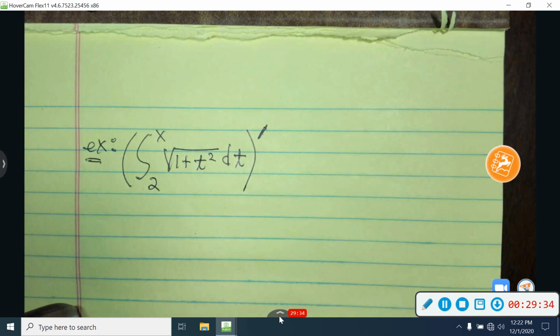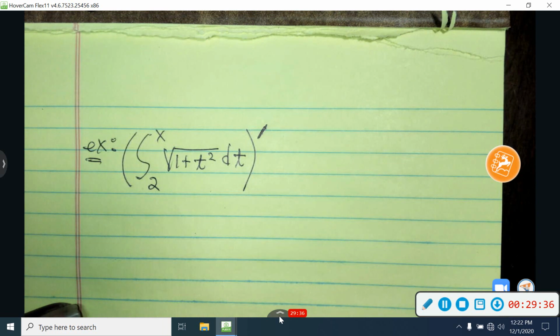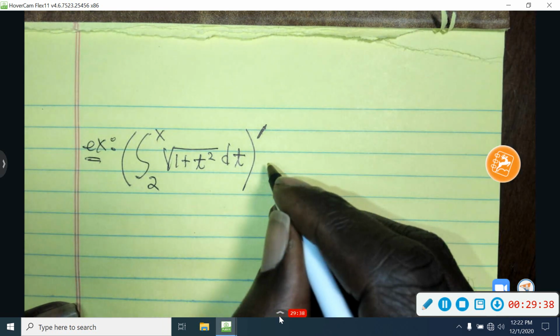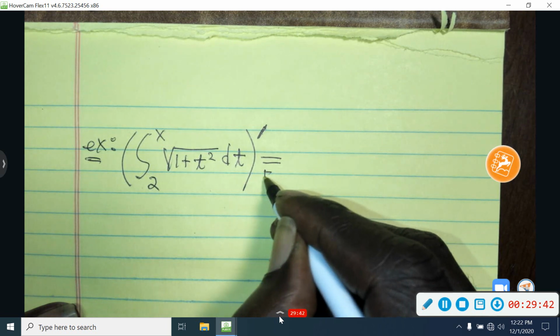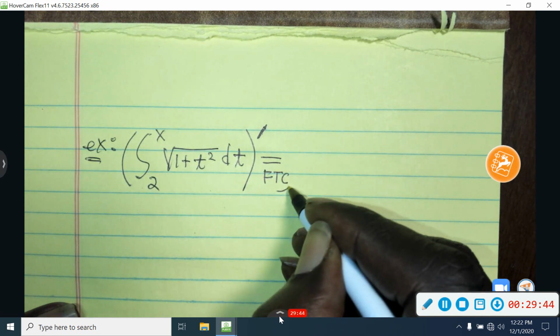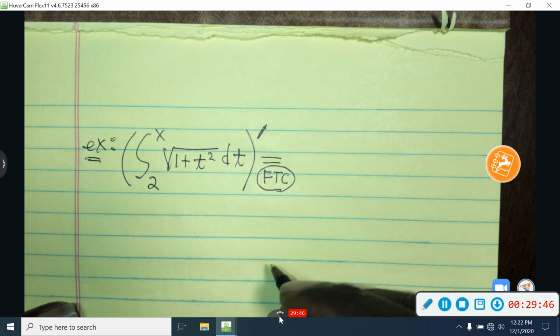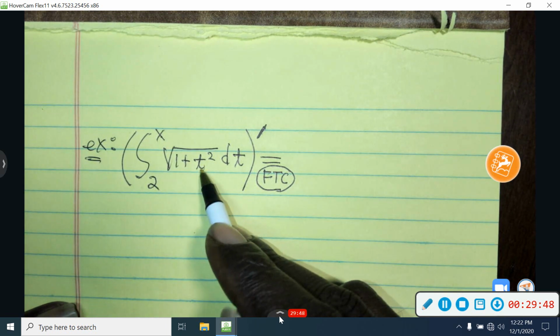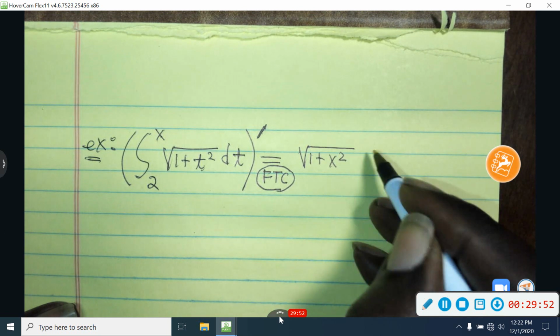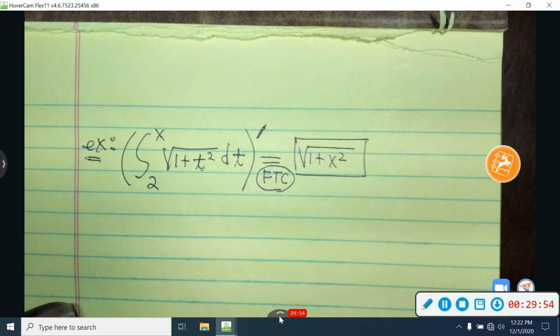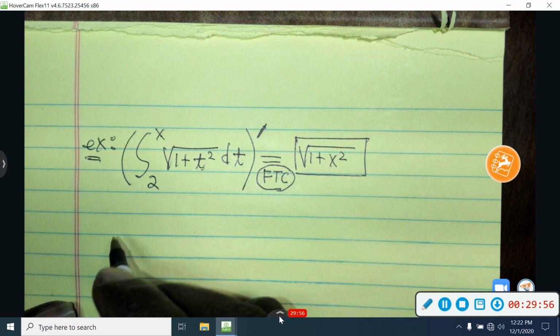Let's take the derivative of that. Well, remember, by the fundamental theorem of calculus, a lot of people call that FTC, fundamental theorem of calculus, part 1, we just take this x and put it in there. So it's just the square root of 1 plus x squared. Congrats.